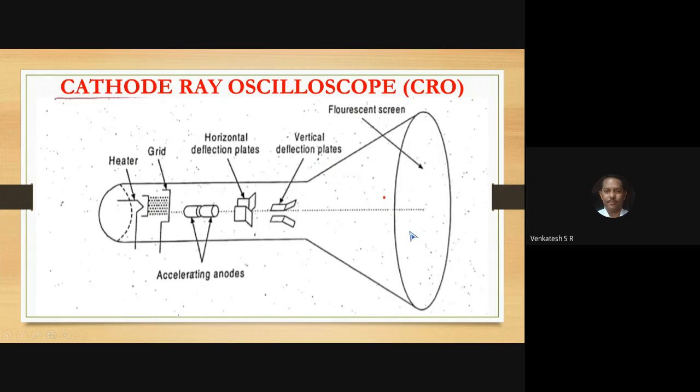So once again, the principle of operation: when you provide electric current to the heater, the tungsten filament starts to produce electrons.